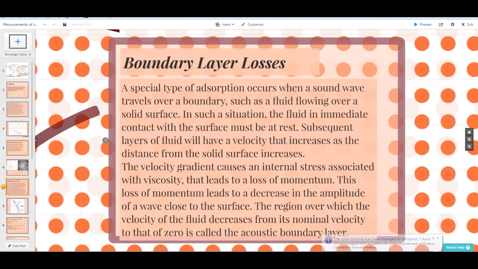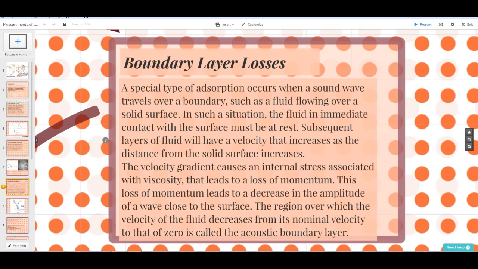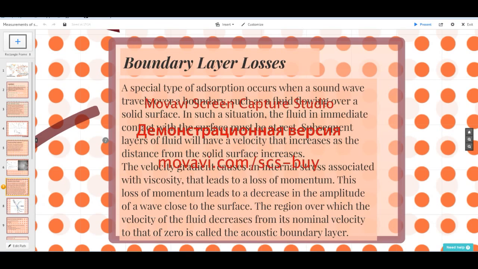Boundary layer losses. A special type of absorption occurs when a sound wave travels over a boundary, such as a fluid flowing over a solid surface. In such a situation, the fluid in immediate contact with the surface must be at rest. Subsequent layers of fluid will have a velocity that increases as the distance from the solid surface increases.